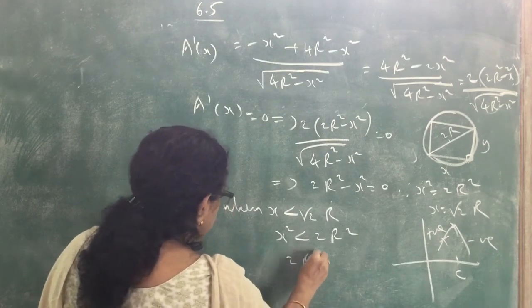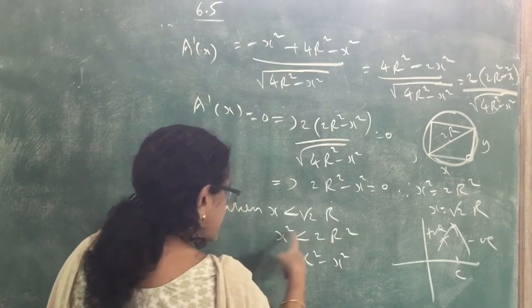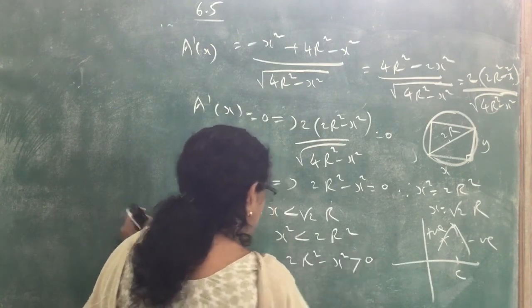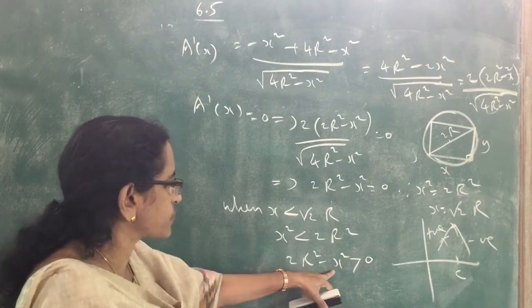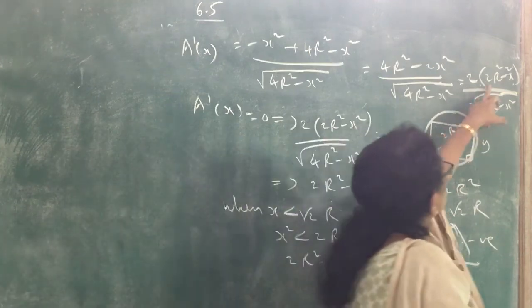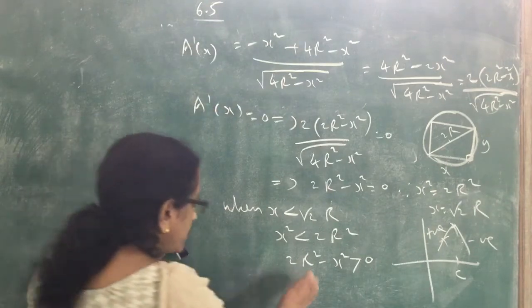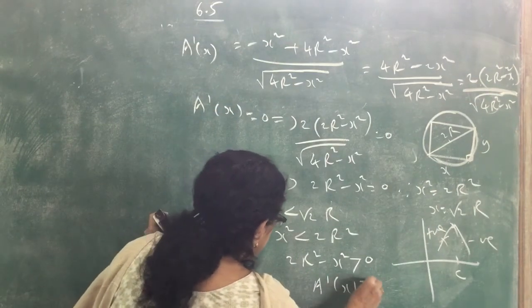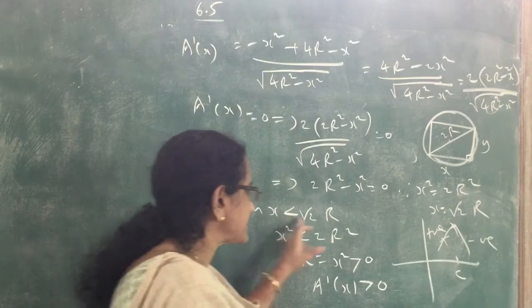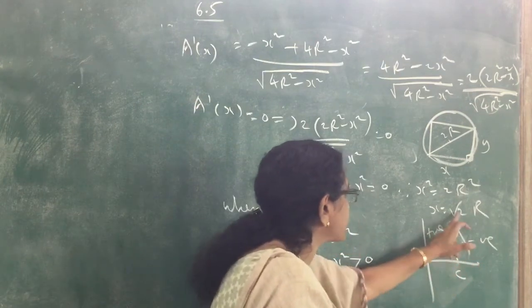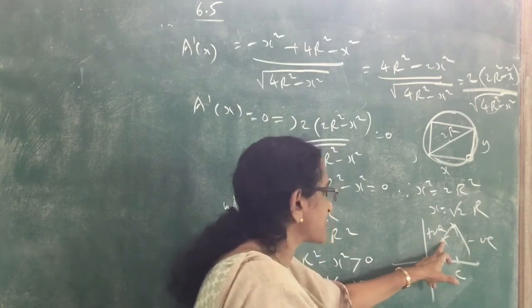That means 2r square minus x square is greater than 0. So A dash x is greater than 0. Therefore, when x is less than root 2r, f dash x is positive.